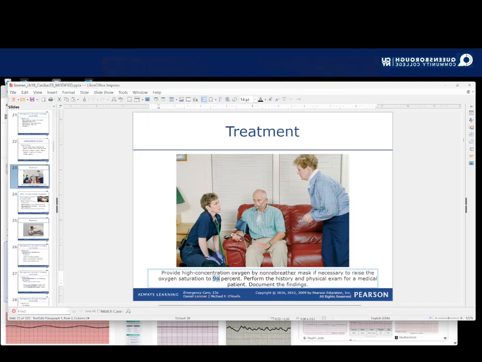If it gets too high, like 99 or even 100, then technically they don't really need the oxygen anymore, but maybe switch to a nasal cannula. But again, I said that it's for higher levels of healthcare to think about, especially at the beginner EMT level, just give them a non-rebreather unless they reject it, then switch to nasal cannula. If they reject the non-rebreather, transport to the hospital.